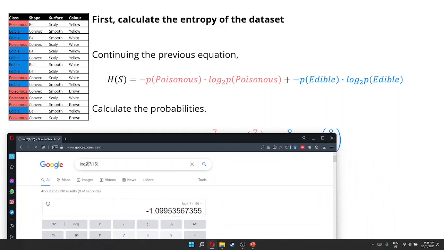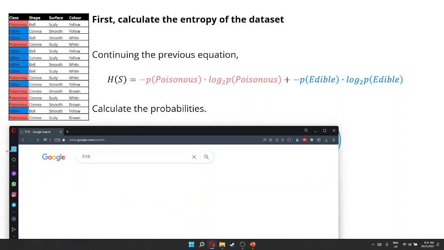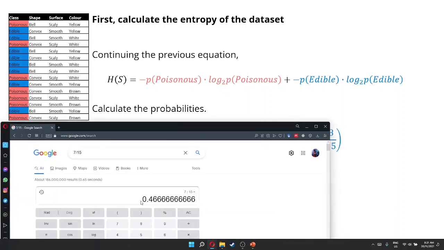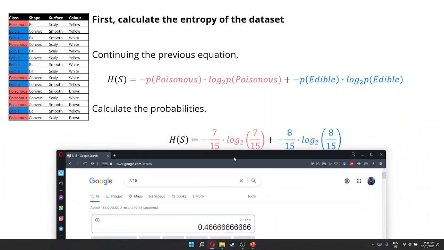Fake news. Why is this not the same? 0.466. Huh. Oh, okay. Joke.